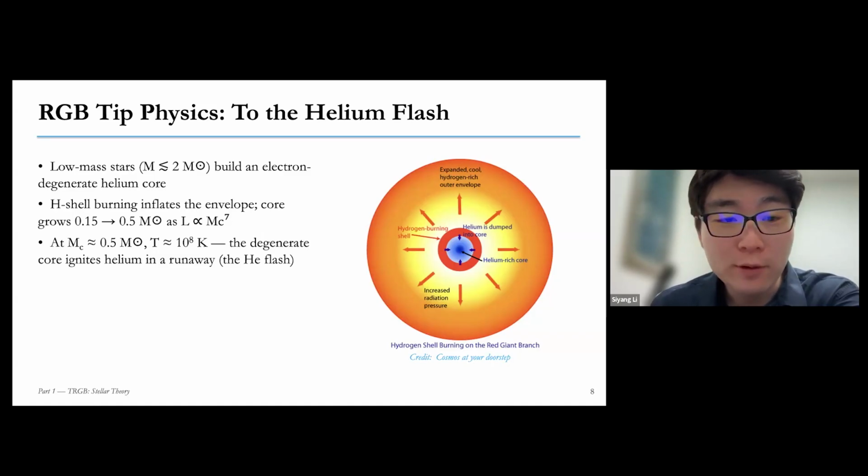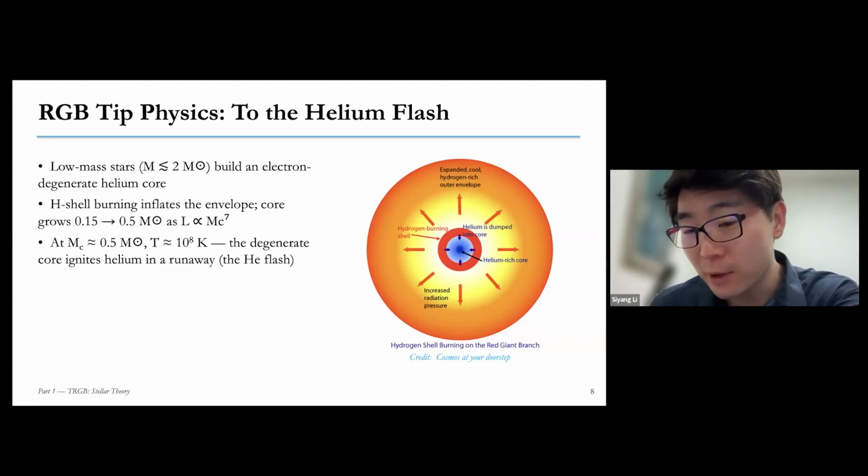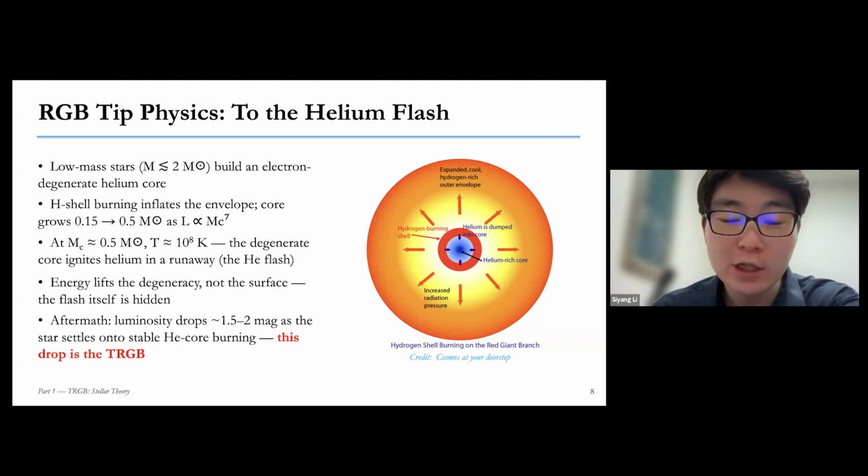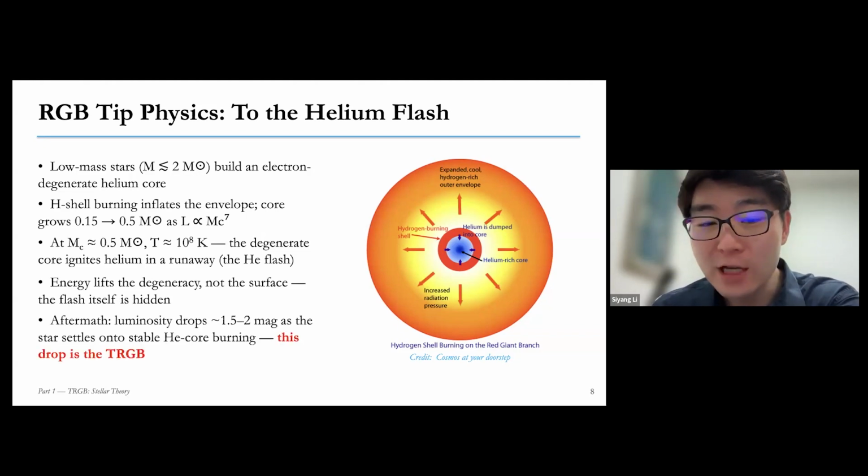At that point, the temperature reaches the critical temperature, about 10^8 kelvin, and that is when helium burning is triggered, leading to an event called a helium flash. There's a runaway nuclear effect, and essentially the helium flash lifts the degeneracy of that core. The star is allowed to expand, and the star suddenly decreases in brightness.